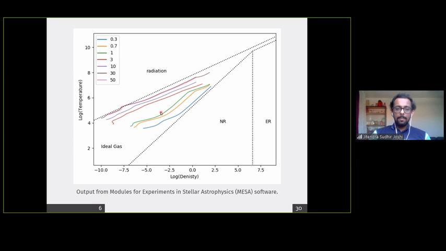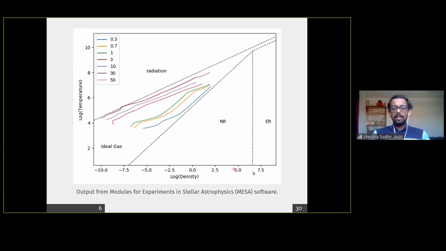And as you move up, for a one solar mass star, it's completely in the ideal gas regime. I should also mention one thing here. When we say density, this is equivalent to the radius.